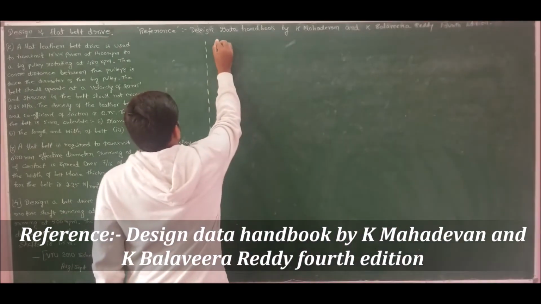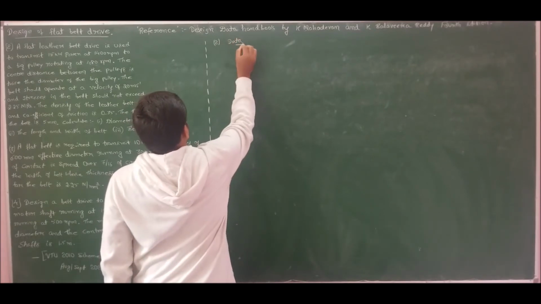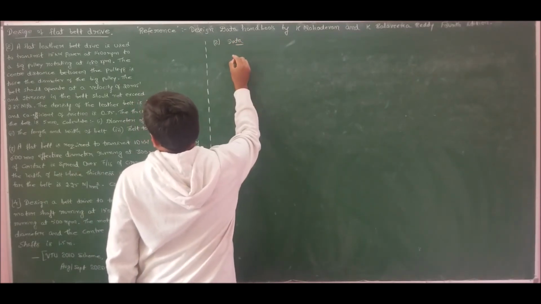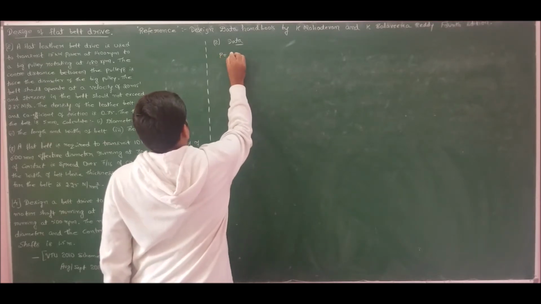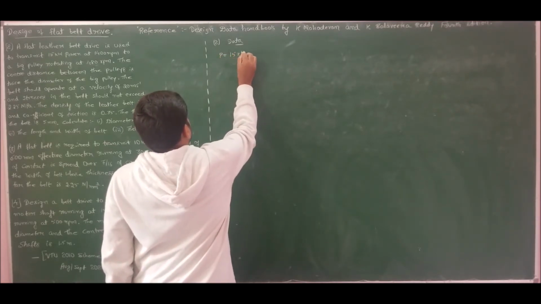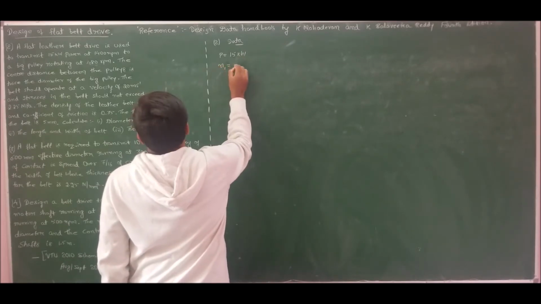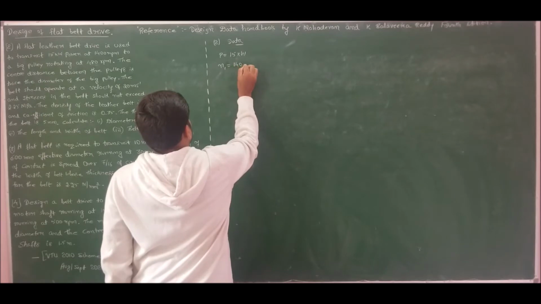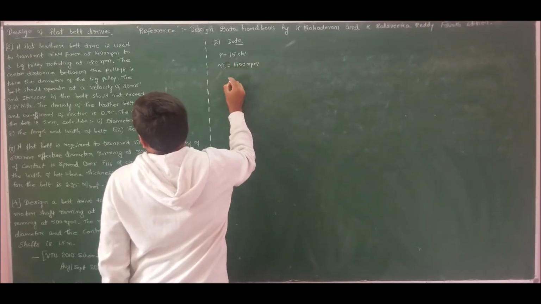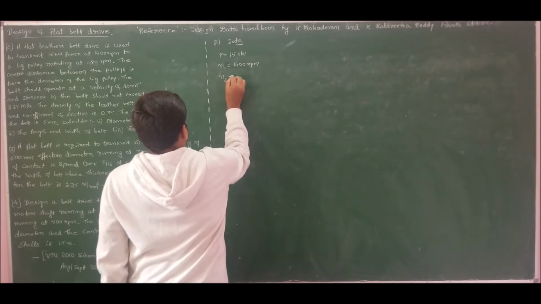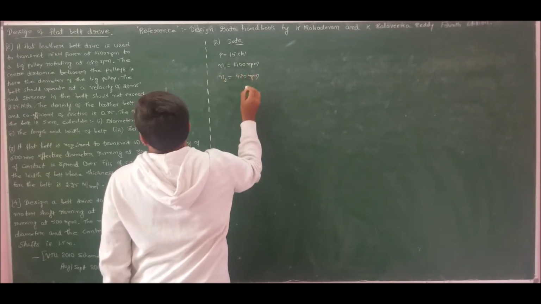So let me list out the data given for problem number 2. A flat leather belt drive is used to transmit power of 15 kilowatts, and the speed N1 is 1400 rpm, to a big pulley rotating at N2 equal to 480 rpm.